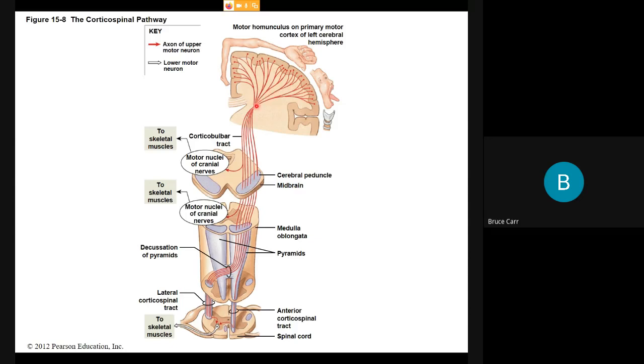Now, we're still in the cortex here, and here we've entered the brain stem. Now, a number of different departure points might exist. It may be connected to a cranial nerve, which is going to affect speech centers. The hypoglossal, control of the muscles of the tongue, are going to be involved.